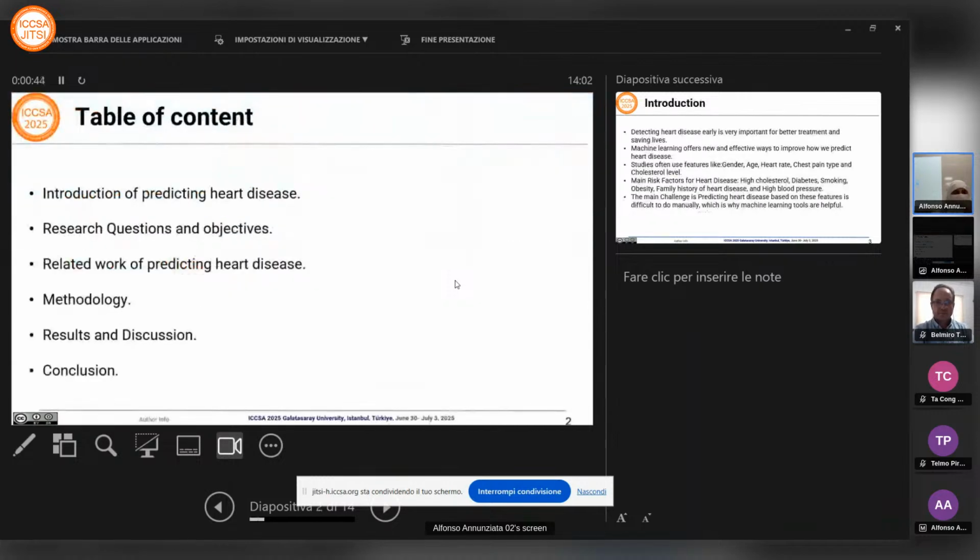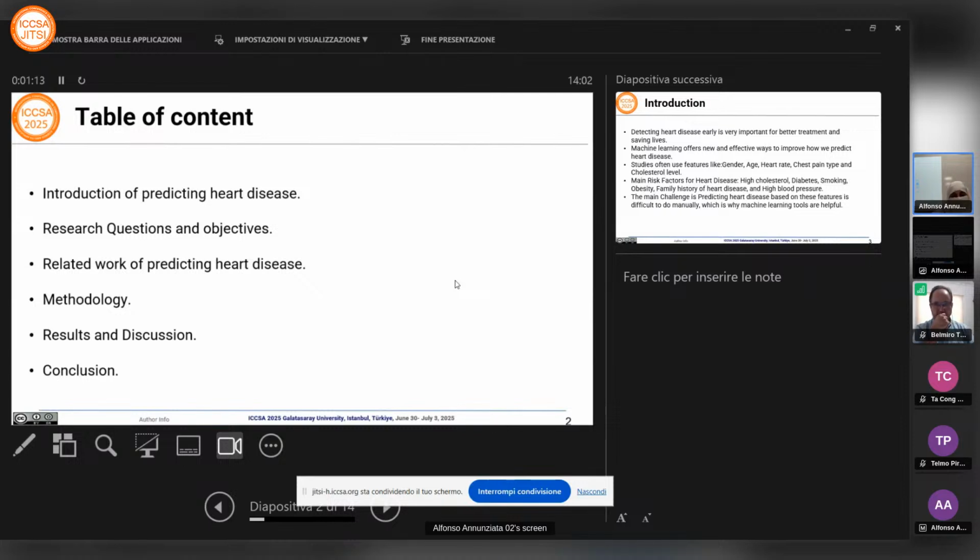The table of contents is a summary of what I will present today. First, I will shed light on the introduction to heart disease prediction. Then I will go to the research questions. I identified some research questions, and this paper tries to answer them. Also, I will provide the objectives of this paper.